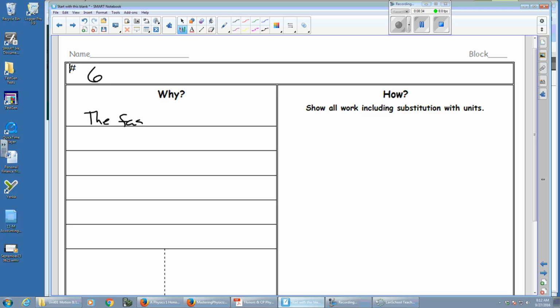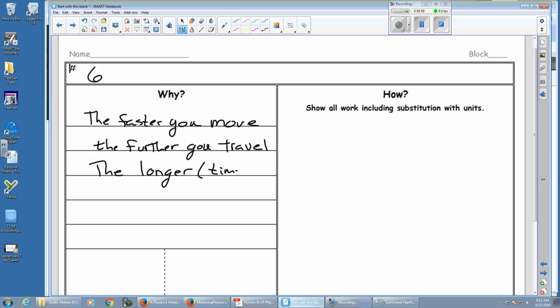The faster you move, the further you go. You travel, let's say. The longer, and by longer, I mean time, leads further.